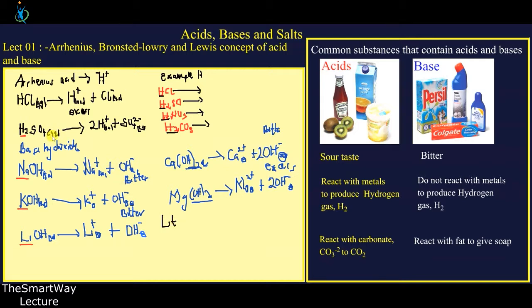It means that only compounds that contain hydrogen can act as an acid, which is not so, because there are other substances that we have discovered that do not contain hydrogen but still act as acids. So there is a limitation to Arrhenius' concept, that he limited his acid to hydrogen-containing substances.